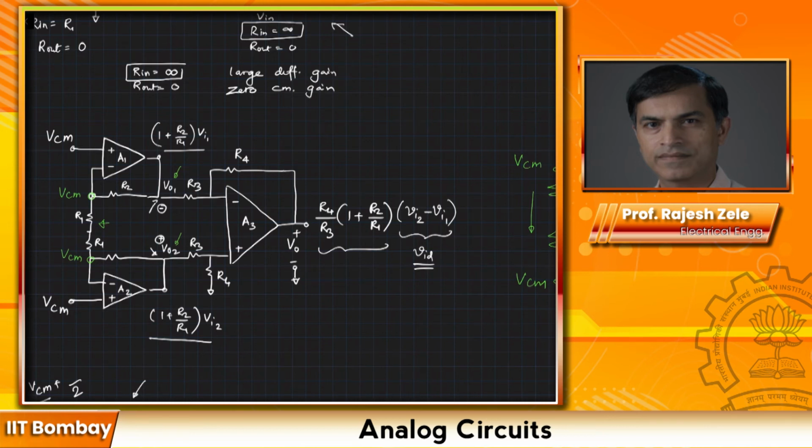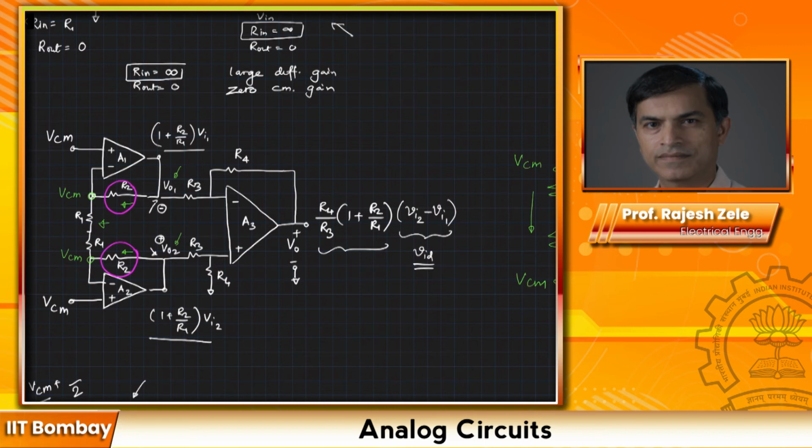And applying Kirchhoff's current law, there is no common mode current flowing through both the R2s, which are in the feedback path for A1 and A2. So let me draw the picture again here. There is no common mode current flowing through this R2, and none through this R2 also. As a result, the output will not have any gain due to the common mode current, common mode voltage.